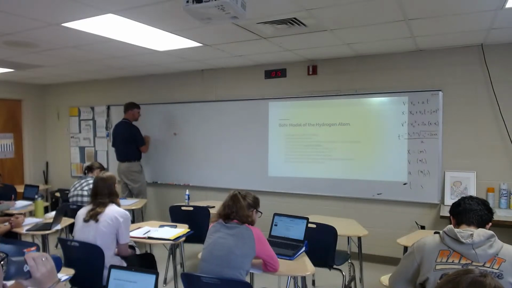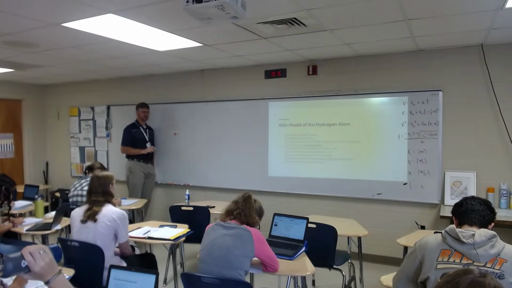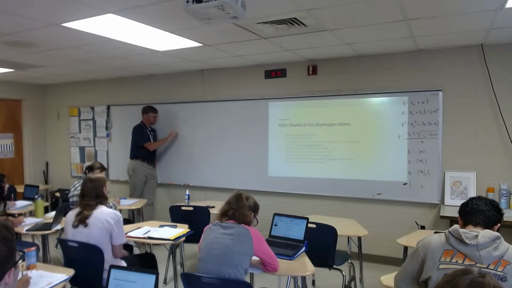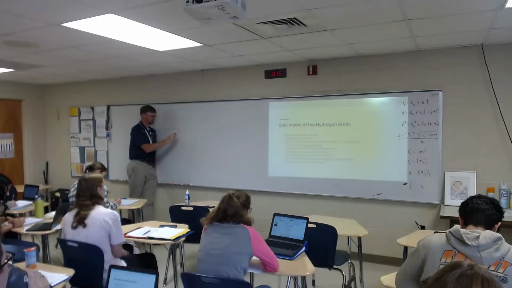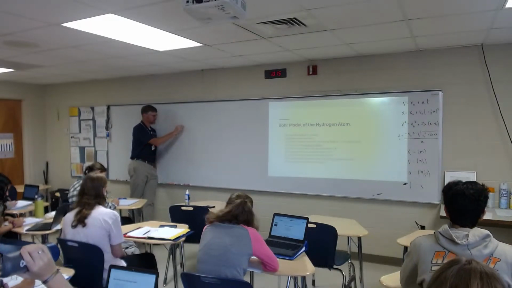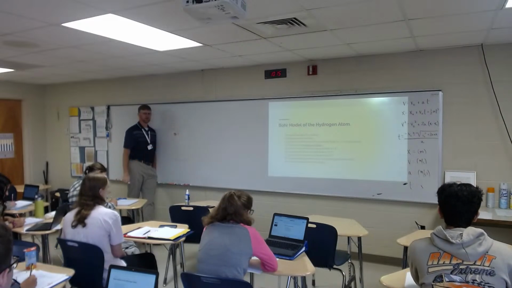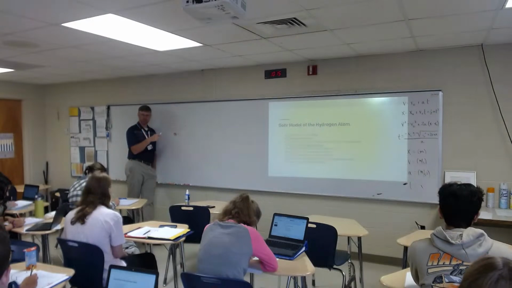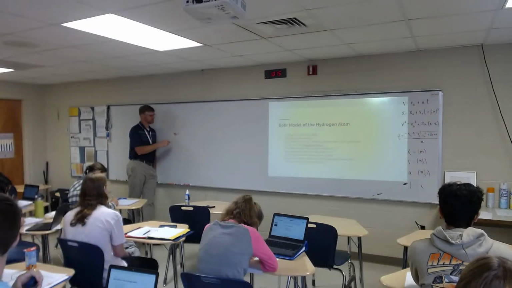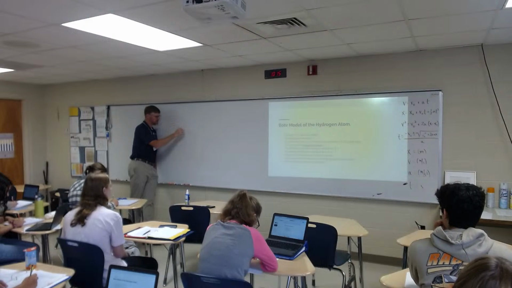So if that electron gets excited, it can jump up levels. It can jump to any of these other 6 levels. Let's just say hypothetically that it goes to the 6th level. Some fraction of a second after it hits there, it starts to fall back down. If it hits here first, here comes a photon.